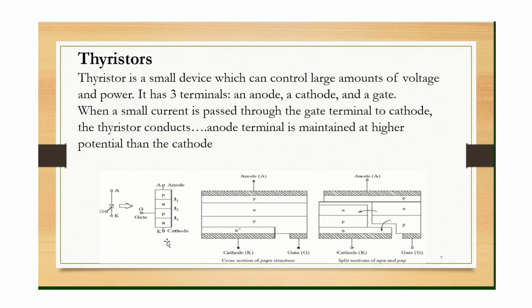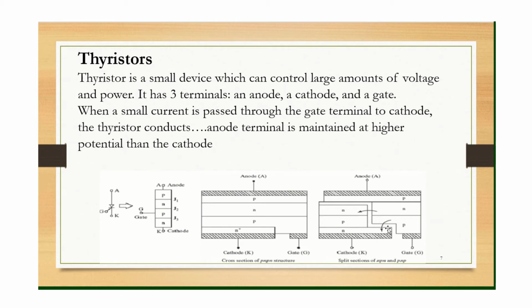So basically the construction would be looking like this. So you have three junctions over there. Whenever you make the anode terminal more positive, or the potential at anode is quite higher compared to the cathode, and if there is a gate signal applied here, then the thyristor conducts.